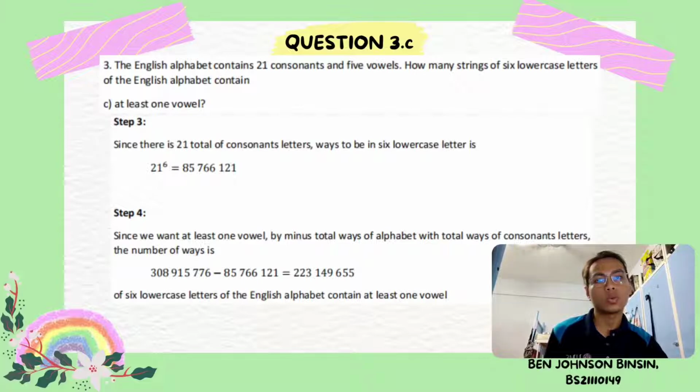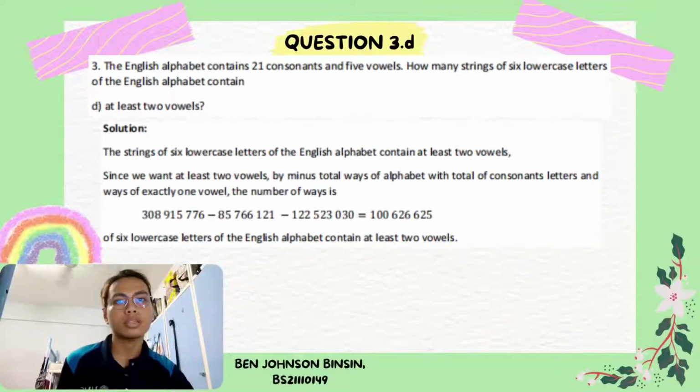Step 3, since there are 21 consonant letters, the ways to be in 6 lowercase letters is 85,766,121. Step 4, since we want at least 1 vowel, by subtracting the total ways of consonant letters from the total ways of the alphabet, the number of ways is 223,159,655 strings of 6 lowercase letters of the English alphabet that contain at least 1 vowel.